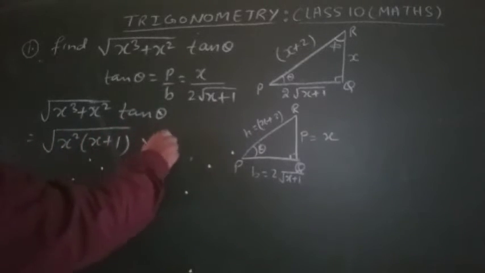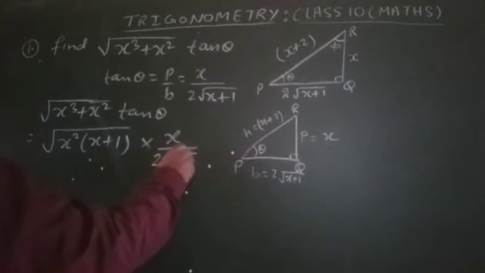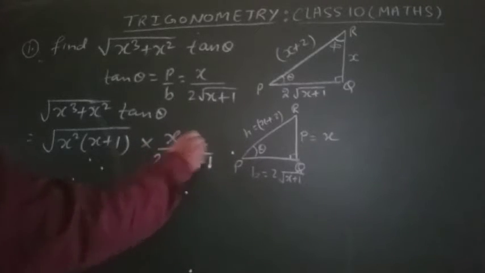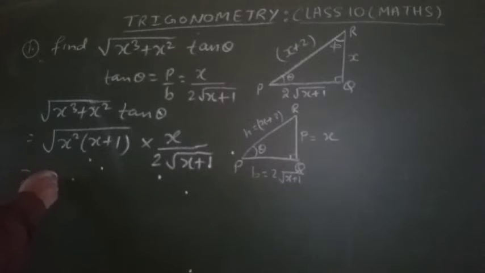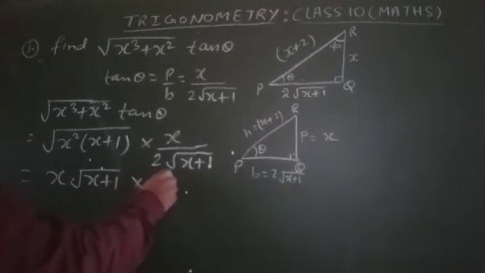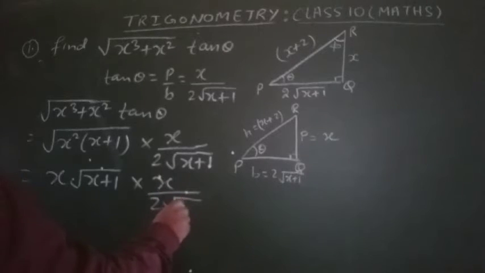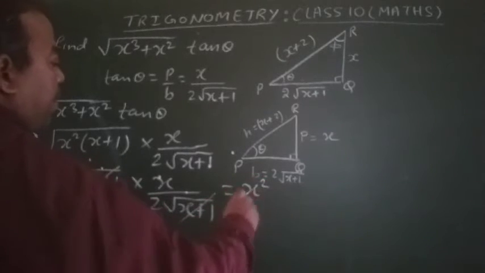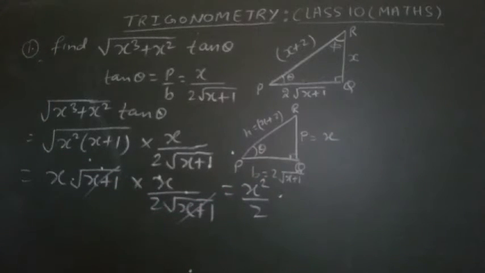Tan theta value is x by 2 under root x plus 1. Now x square becomes x, and here it is under root x plus 1 into x by 2 under root x plus 1. X plus 1 will cancel. X becomes x square divided by 2. This is the value of this question.